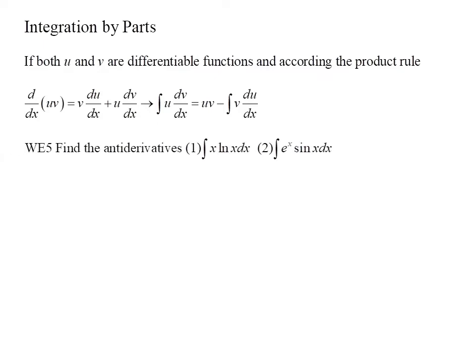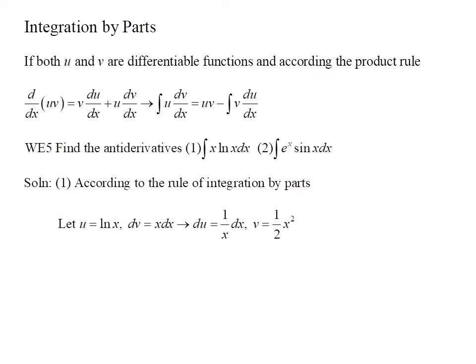Example 5 is to find two antiderivatives, and we are going to use this new technique, integration by parts, to find general solutions for these antiderivatives. As for the first antiderivative, first we let u equals ln of x and dv equals x dx.